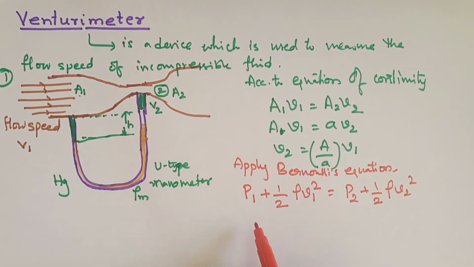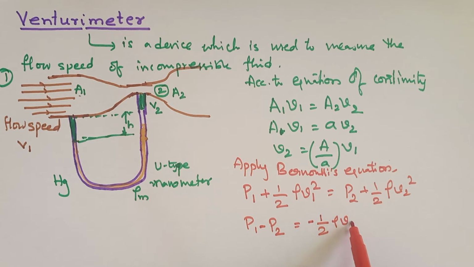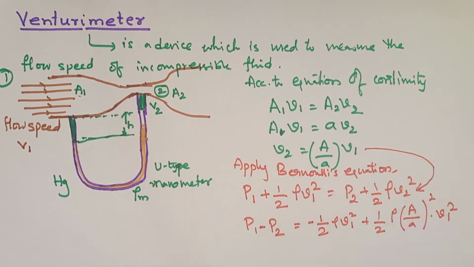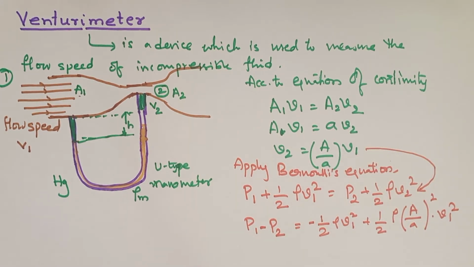Apply V2 over here and bring P1 to the left side. P1 minus P2 is equal to half rho minus V1 square plus half rho A by a whole square into V1 square. Substituted here, right?